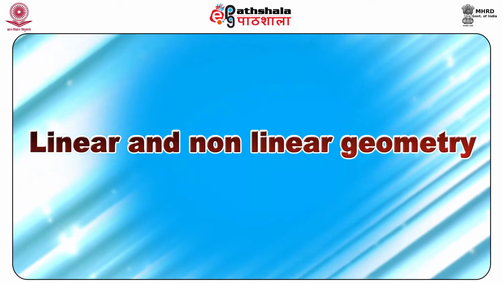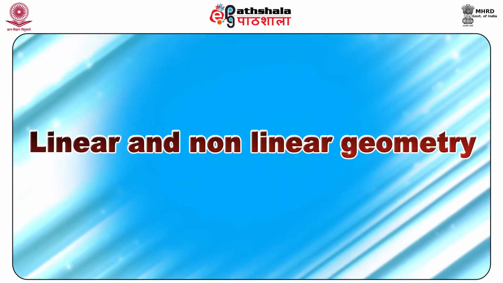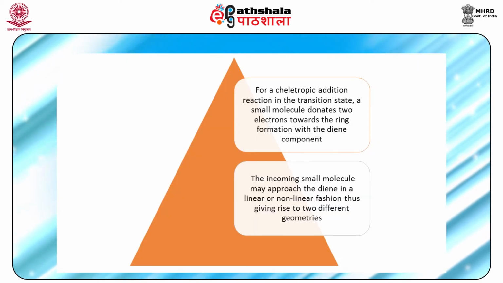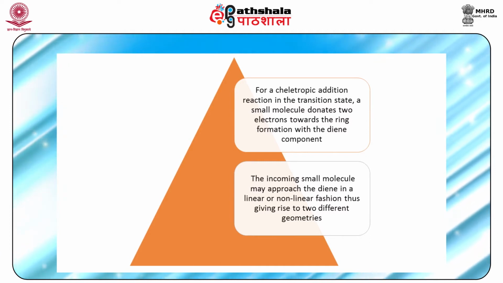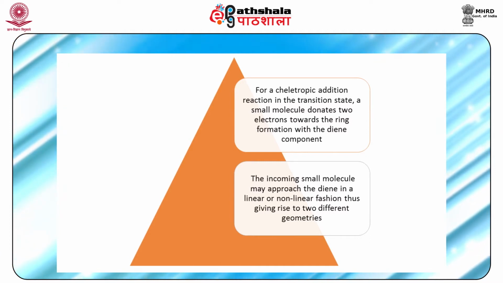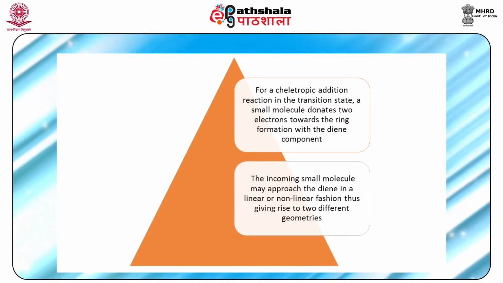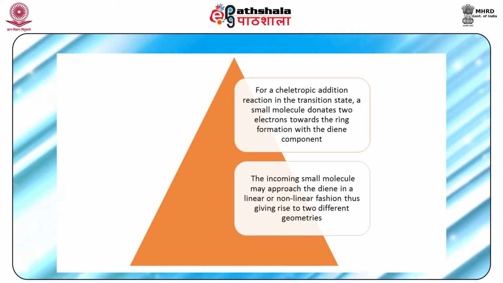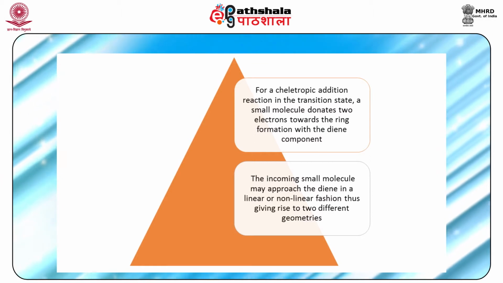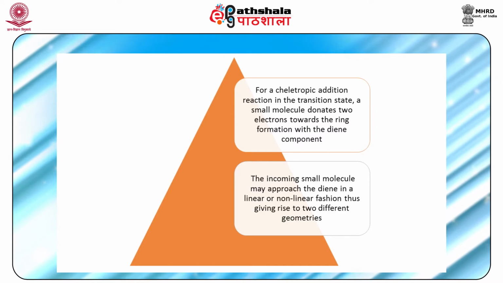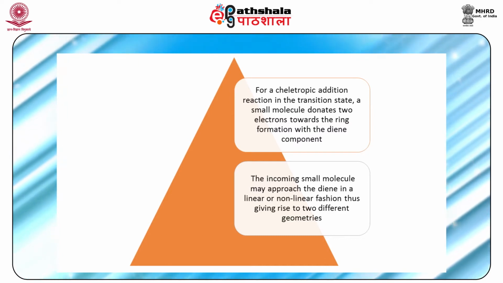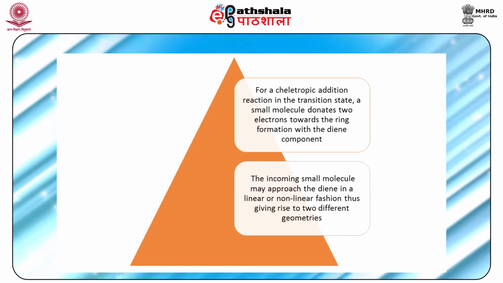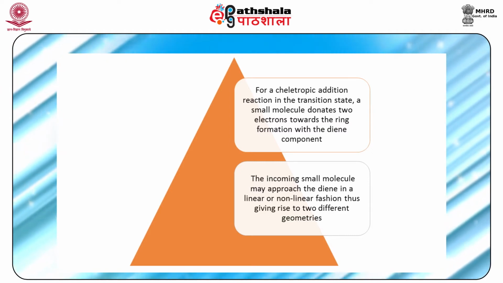Next, let us talk about linear and nonlinear geometry. For a cheletropic addition reaction in the transition state, a small molecule donates 2 electrons towards the ring formation with the diene component. The incoming small molecule may approach the diene in a linear or nonlinear fashion, thus giving rise to 2 different geometries.